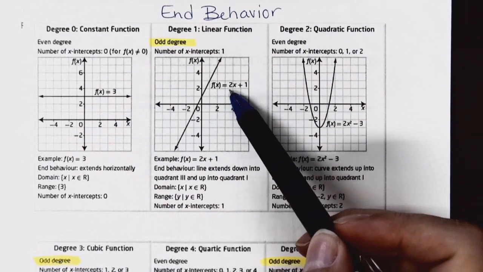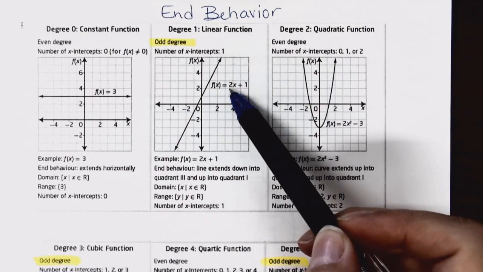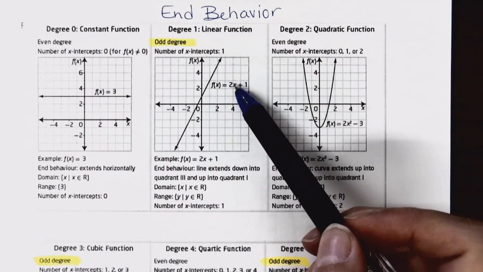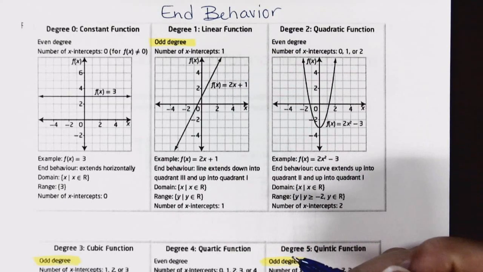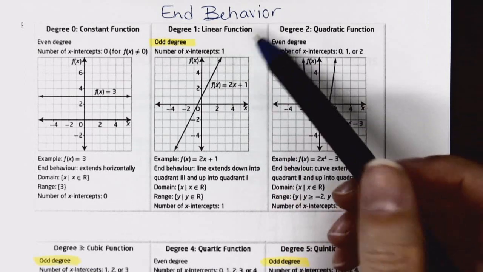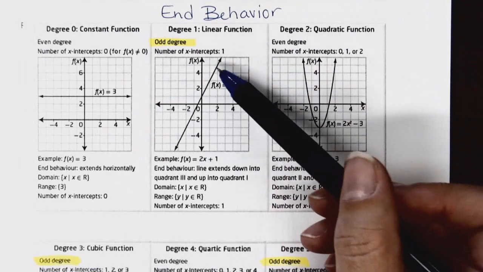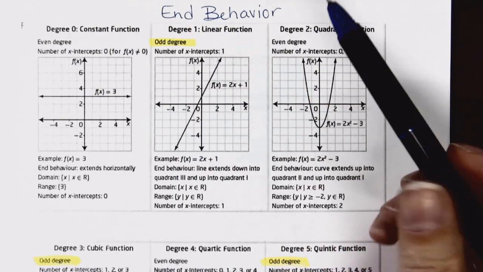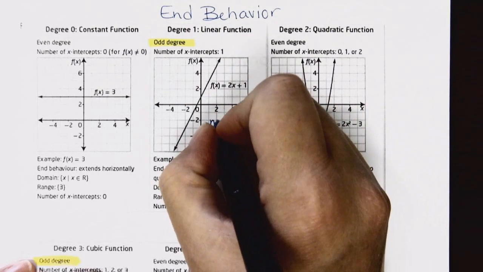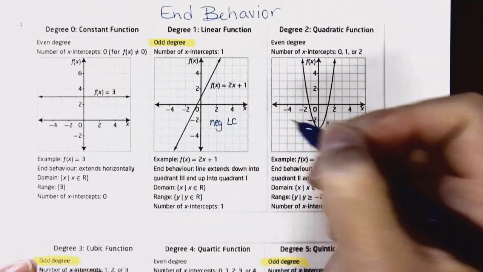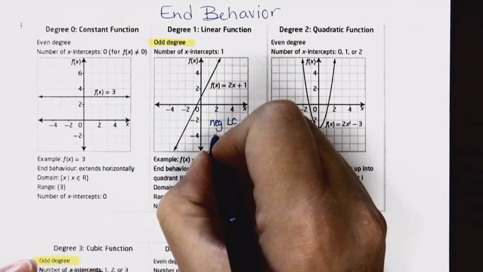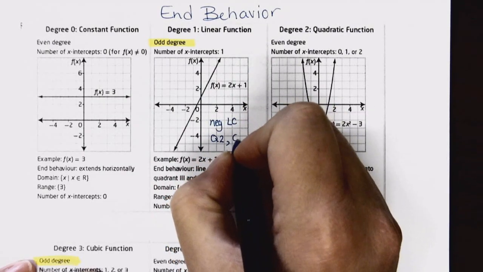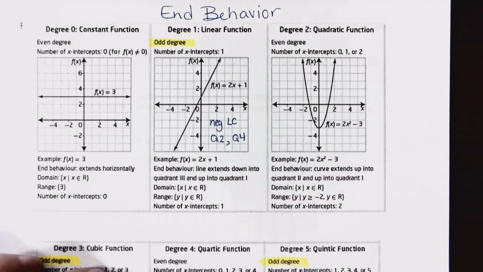So we have a positive leading coefficient here. If it's a positive leading coefficient, we're going to write this down somewhere, but I'm not sure where yet. If it is a positive coefficient, you're going to have end behavior in 1 and 3. If it is a negative leading coefficient, your end behavior will be in quadrant 2 and quadrant 4.